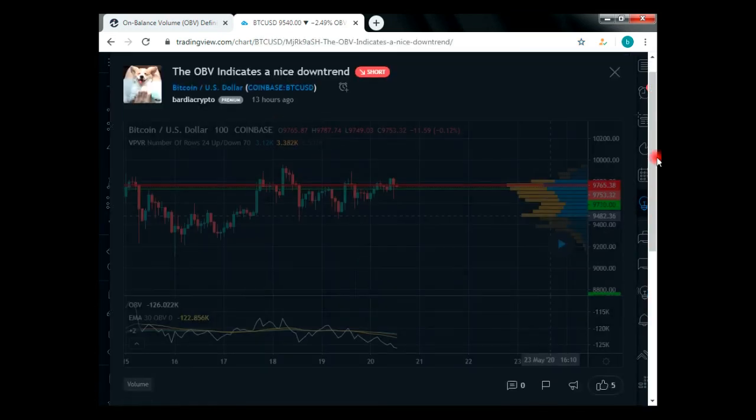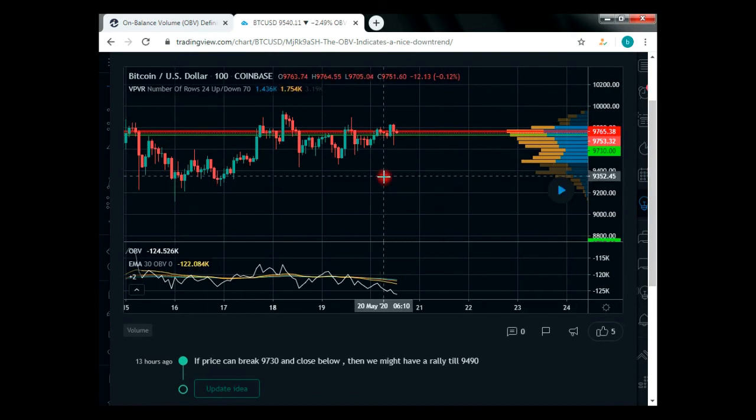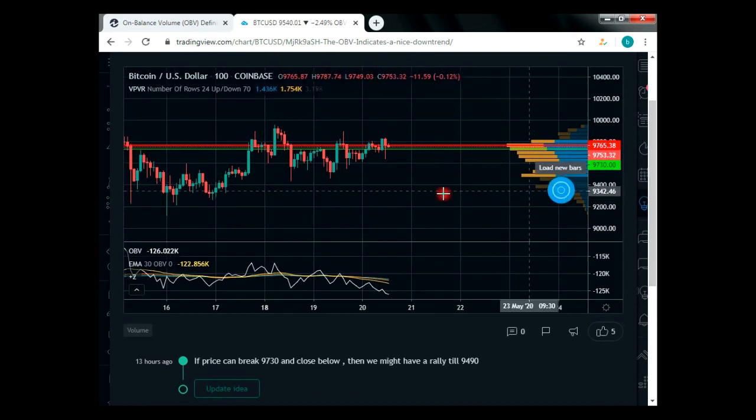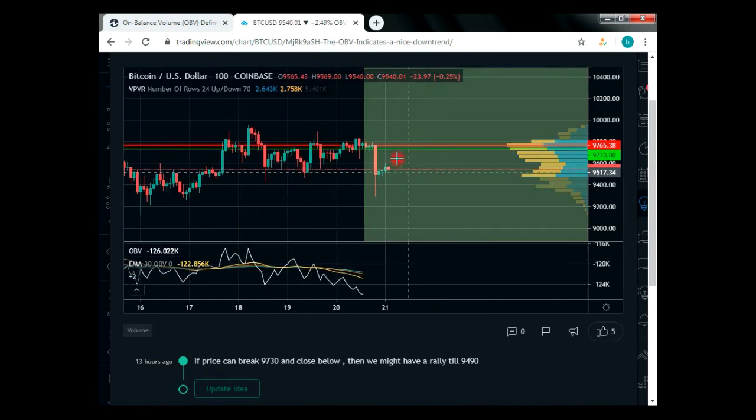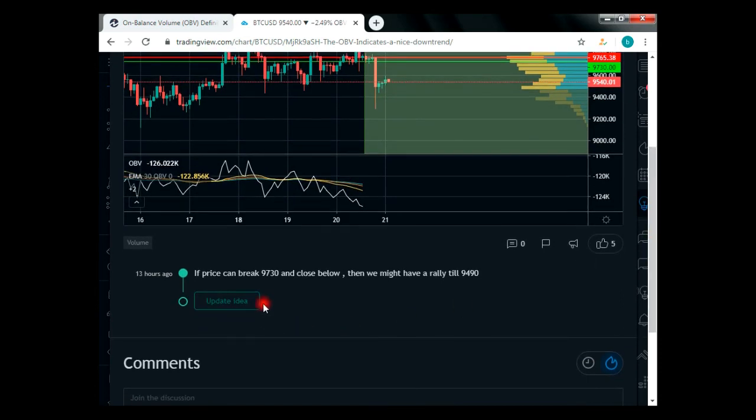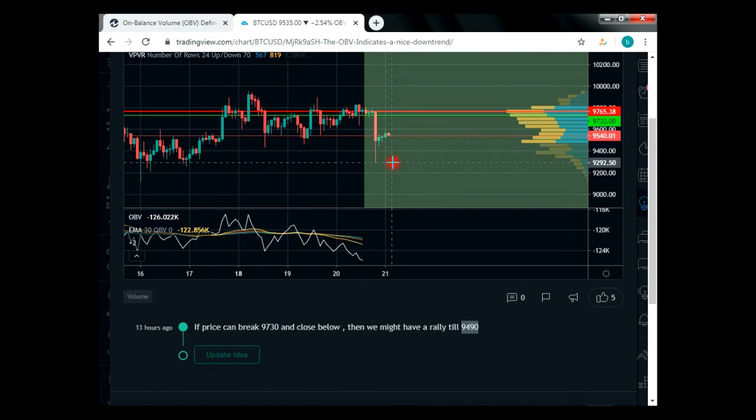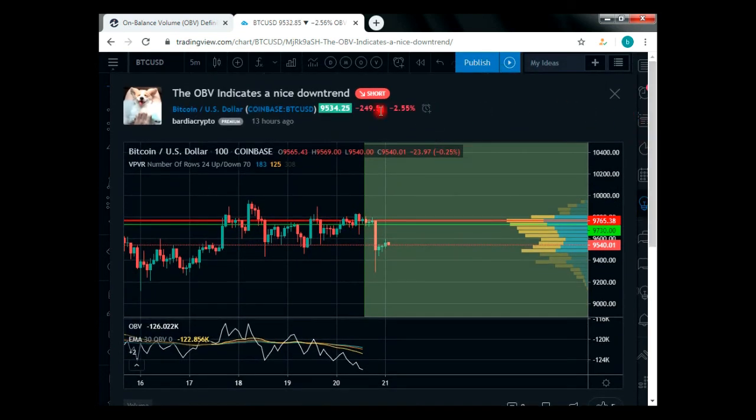It is too messy, and as you can see, the final predictions: my goal was to start from 97.30 to 94.90, and the price nicely broke this support and found support right here at 92.92 and bounced, which was a really profitable trade for me.